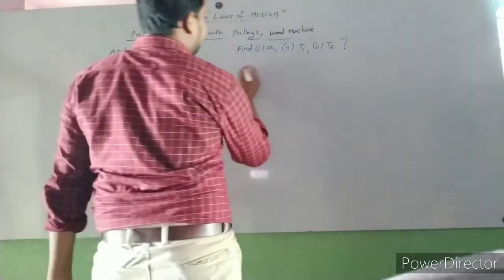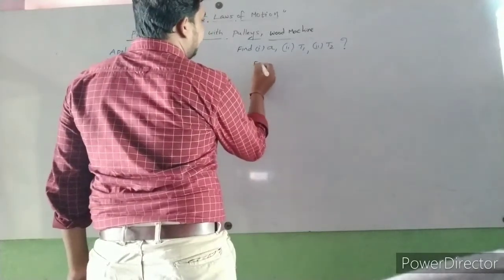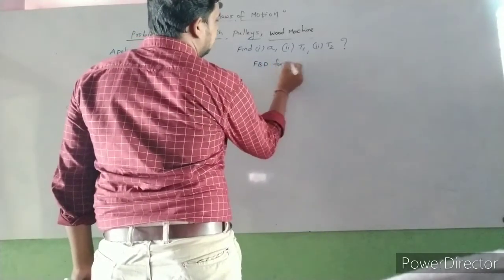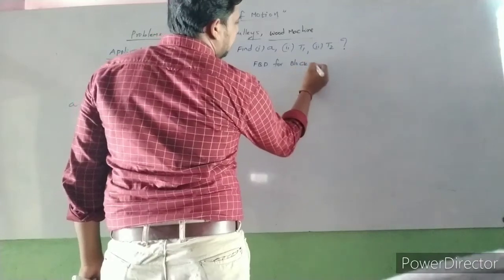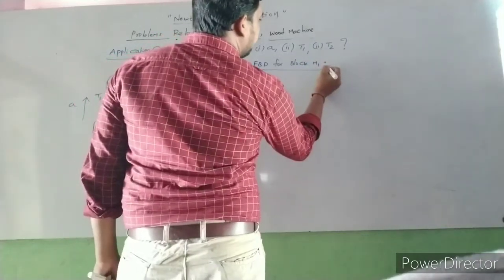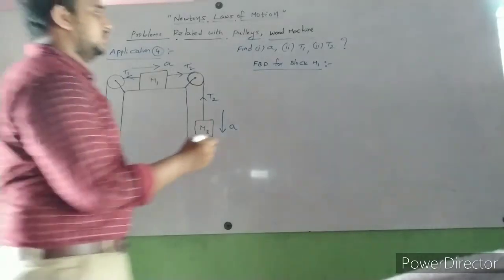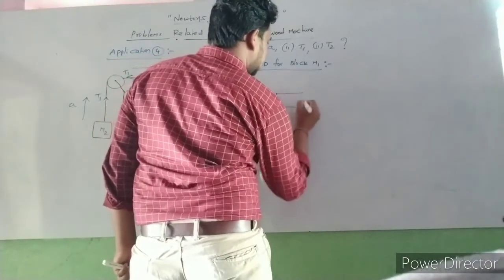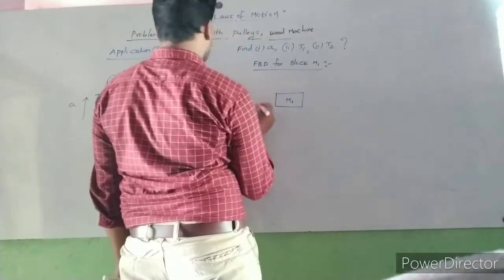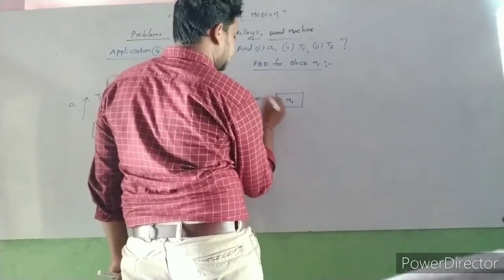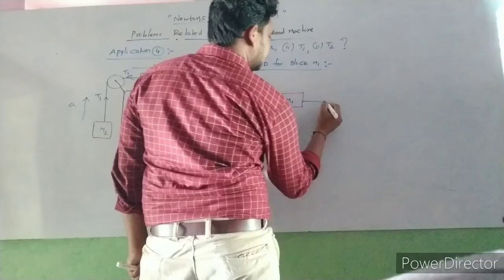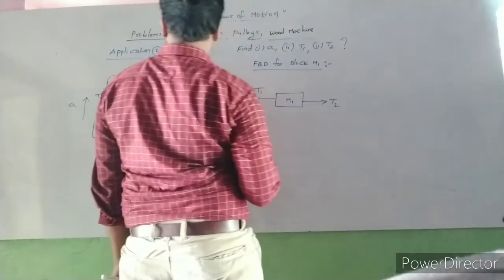Same concept: FBD for block M1. So how to apply FBD for block M1? This is block M1. Here tension force T1 is acting in this direction, and here tension force T2 is acting in this direction.